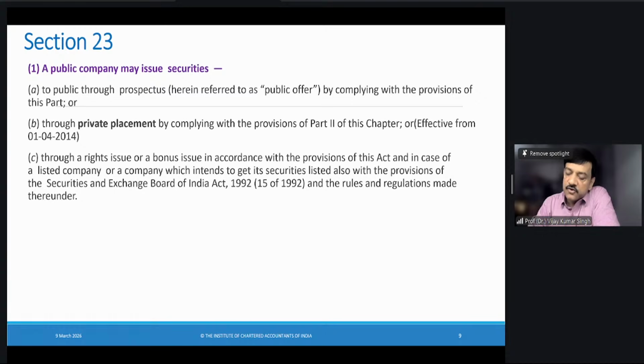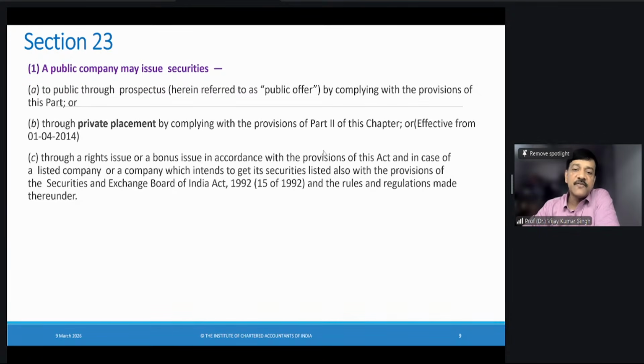So here you should note that a public company can raise capital by way of a prospectus, that is a public offer. It can go ahead with a private placement. And third, it can go ahead with a rights issue or bonus issue. These are the four terms which have been used: public offer, private placement, rights issue, and bonus issue.